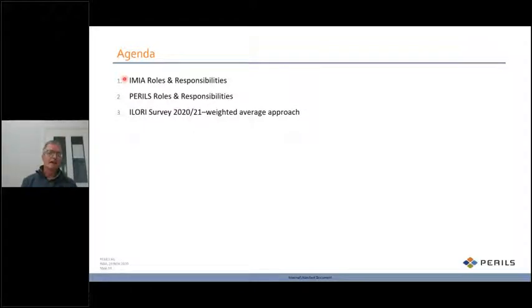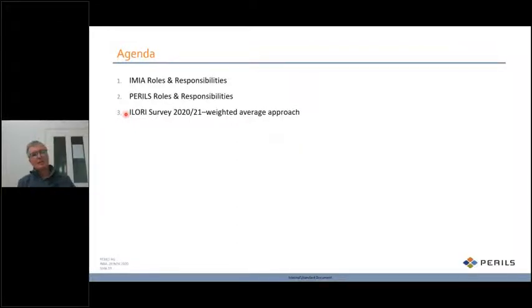And finally, I will show you what we do at Perils with your data. When we get your data responses, how do we actually calculate, on the example of ILORI, loss ratios index, how we calculate the final aggregated trend.